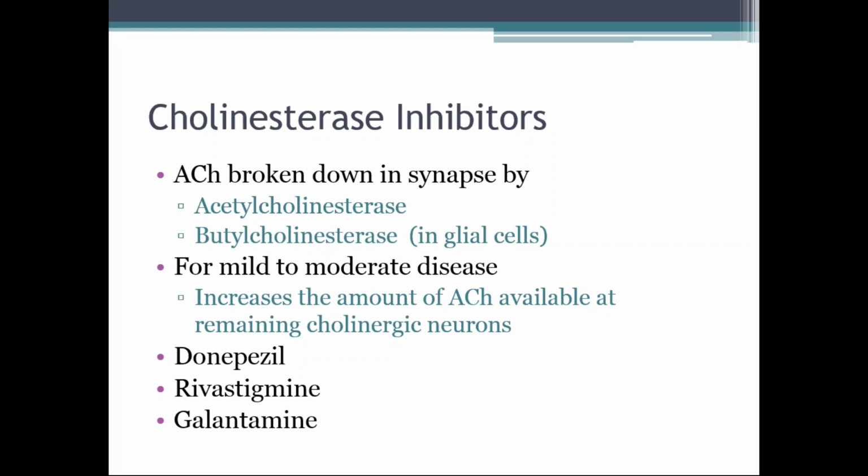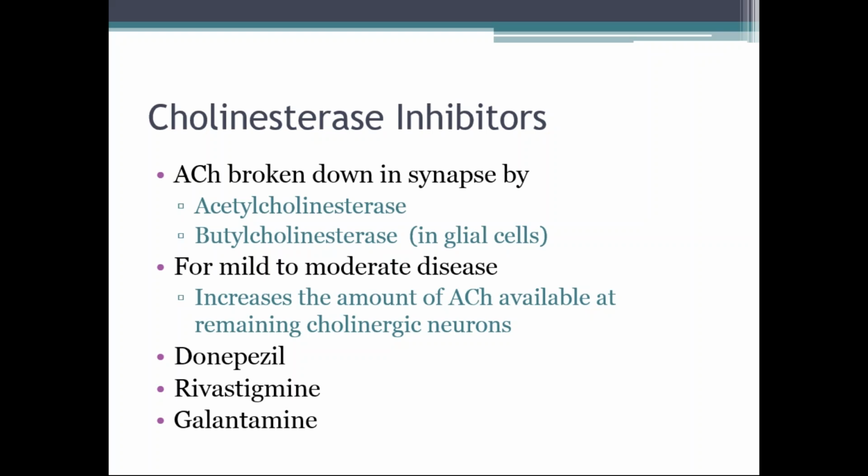So cholinesterase. If it's trying to break down acetylcholine and you prevent its ability to break it down, then you end up with more acetylcholine available to do what it does, to land on these nicotinic and muscarinic receptors and support memory, support the release of other cognitive enhancing neurotransmitters. Great.